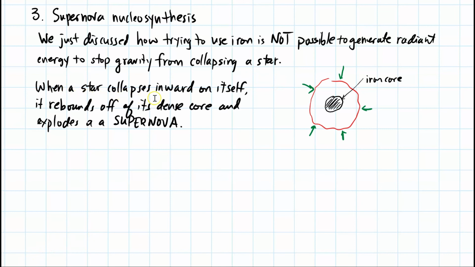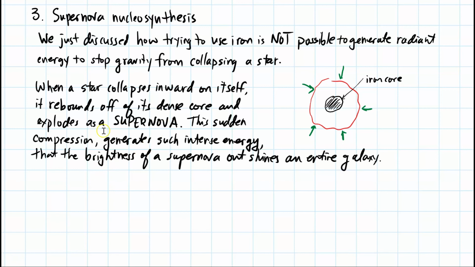When a star collapses inward on itself, this is due to the force of gravity pushing it down. It rebounds off its dense core and explodes as a supernova. This sudden compression generates such intense energy that the brightness of a supernova outshines an entire galaxy.